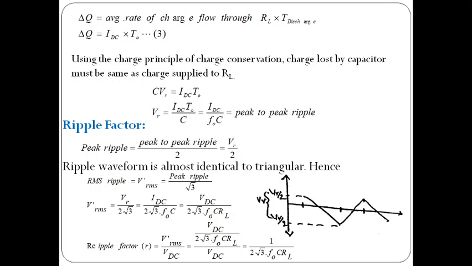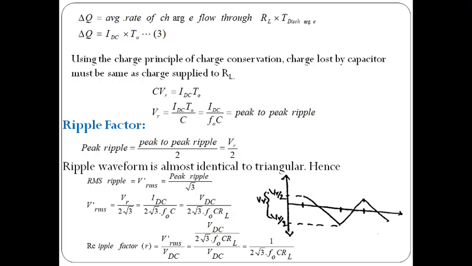Delta Q equals the rate of charge flow through the load into T discharge. We know Q equals I into T, otherwise I equals Q by T. Current is nothing but the rate of flow of charge.